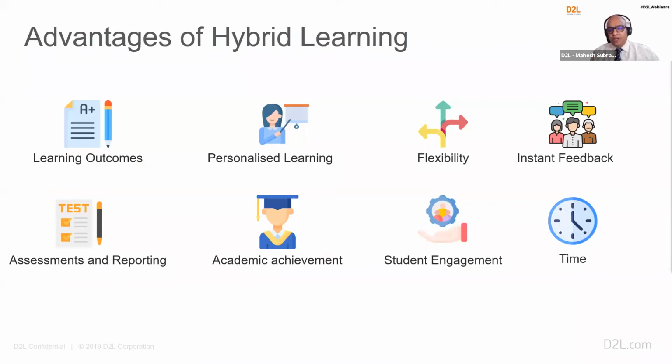Now, I wanted to look at the advantages of hybrid learning before I went to a little bit of statistics about how hybrid learning can and is helping in the current situation. Right? Now, in terms of being able to set goals, you can track learning outcomes or competencies.